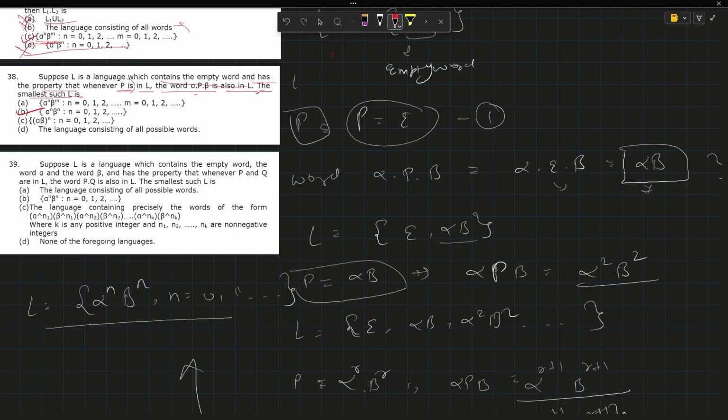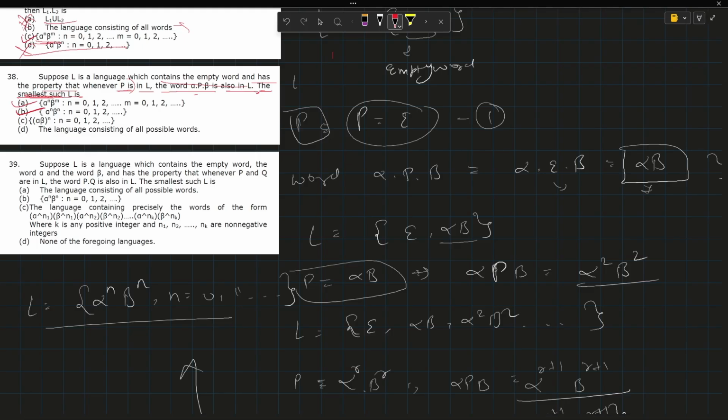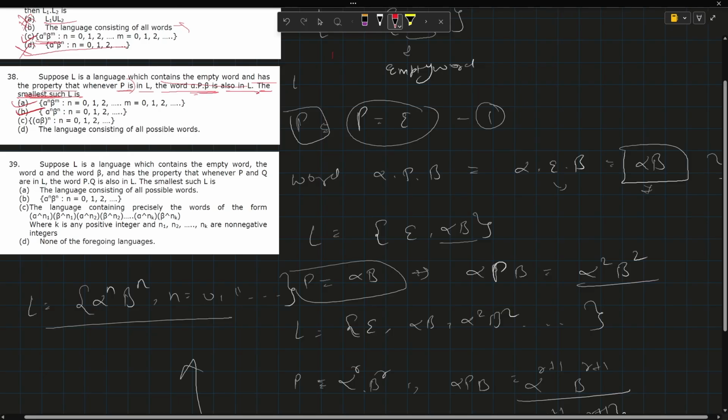Now talking about the A option, it is also correct, by the way. If we remove this smallest condition, then it is also correct here, because it is also containing all of the numbers, I mean it is also satisfying this condition. If you take any example from it, for example you put n equal to 1 and alpha equal to square.